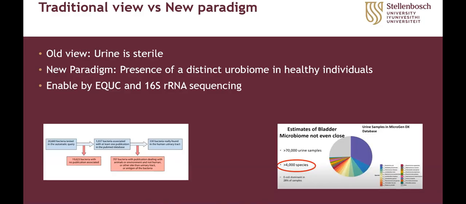And then the picture on the right-hand side is from the very following year, 2020, on the Microgen database with next generation sequencing. There we had already identified more than 4,000 species. So we didn't think there was anything, then we realized there was something, and now we know there's a lot, and our way of detecting this is rapidly evolving.